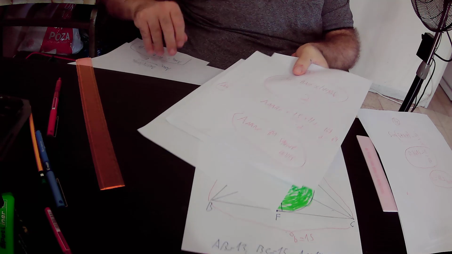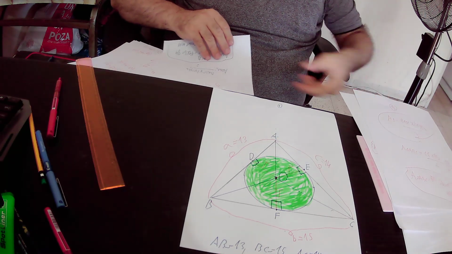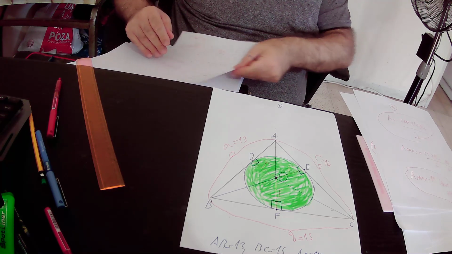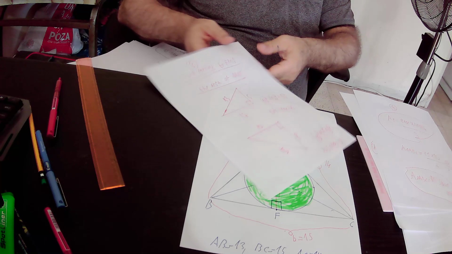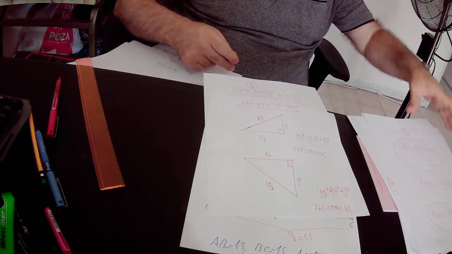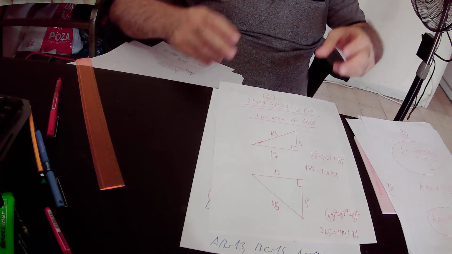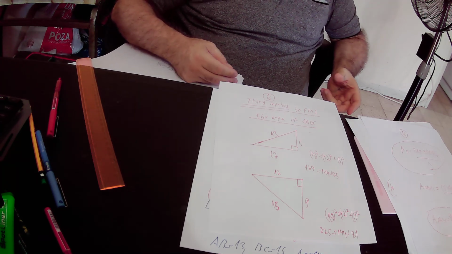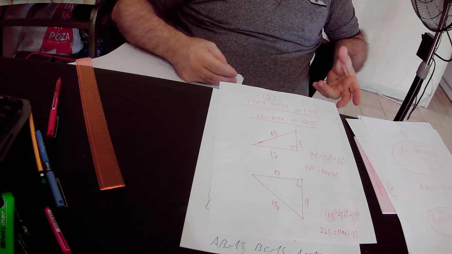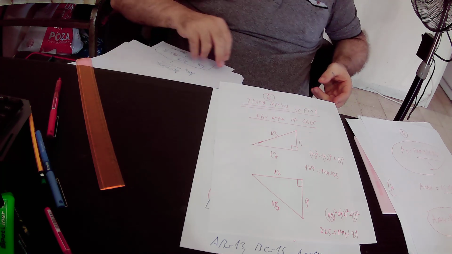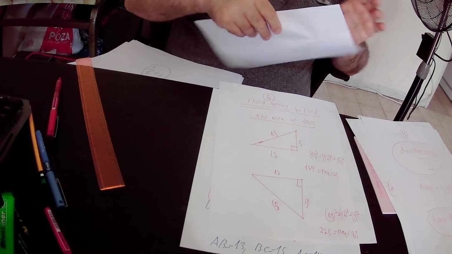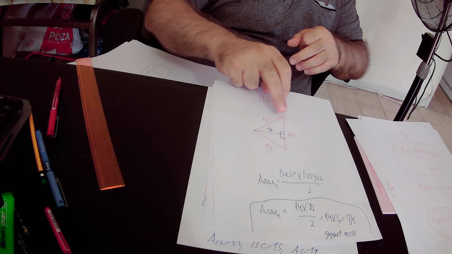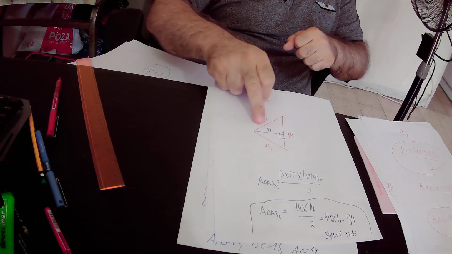Okay, then I presented you a third method to find the area of triangle ABC. We divided triangle ABC into two right triangles, and in this way we proved that if the base of the triangle is 14 units, then the height to the base is 12.